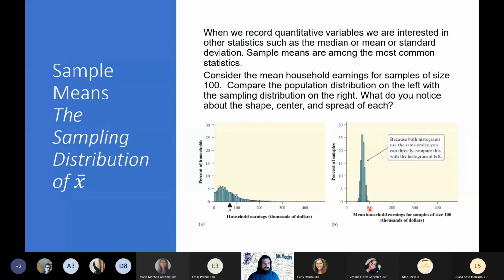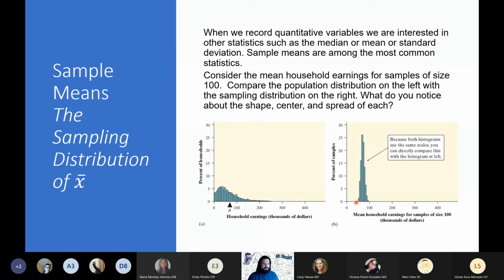Now, when we look at the sampling distribution of the sample means, when we're taking samples of size 100, we get a much different shape. We get something that is approximately normal, with a center at about the same spot. It looks like it's in the same spot as the population mean. And it also is much less spread.